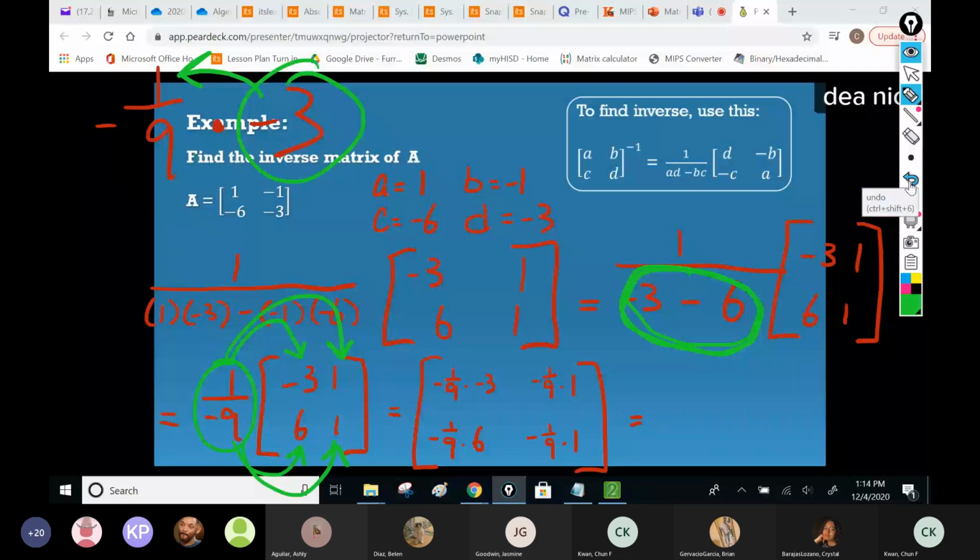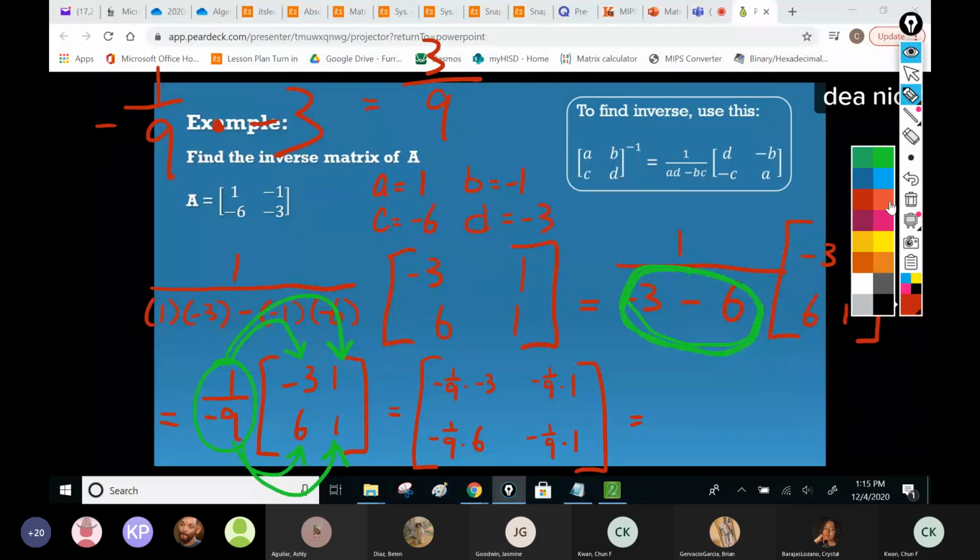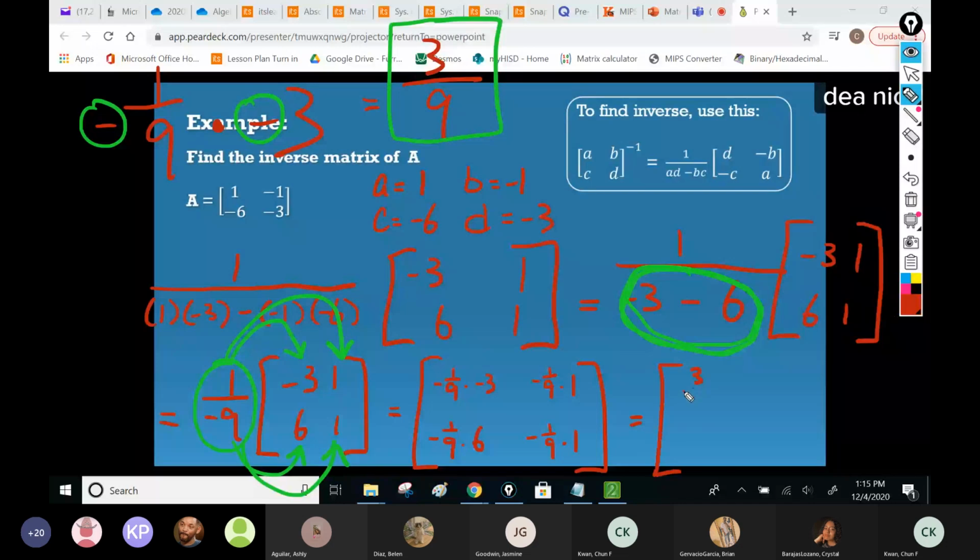So that means you will have 3 times 1, the top, which is 3, and then keep the 9 right here. And then the two negative signs will become a positive sign. So that means your answer is 3 over 9, which you can simplify into 1/3.